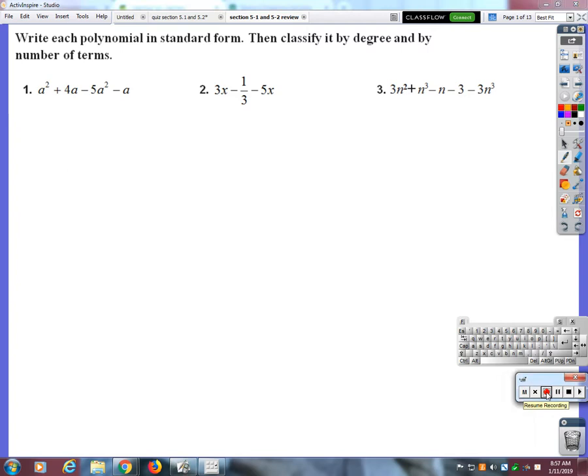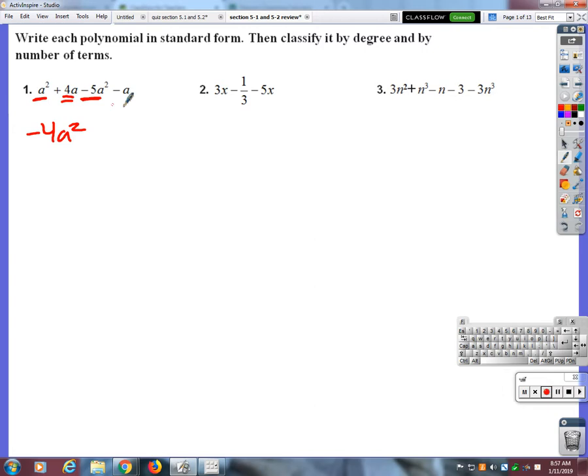Okay, Gabby, will you get us started? How do you write that in standard form? I've got a squareds right here and negative 5a squareds right there. Altogether, how many a squareds do I have? Negative 4a squareds.